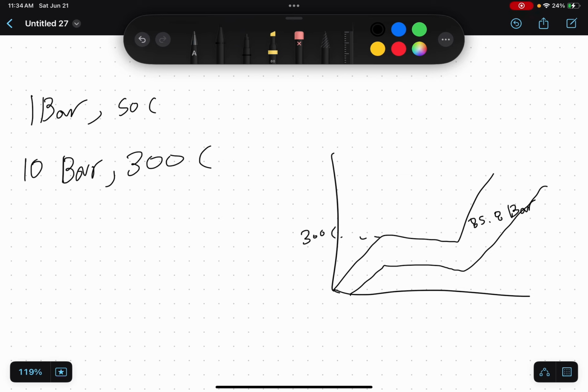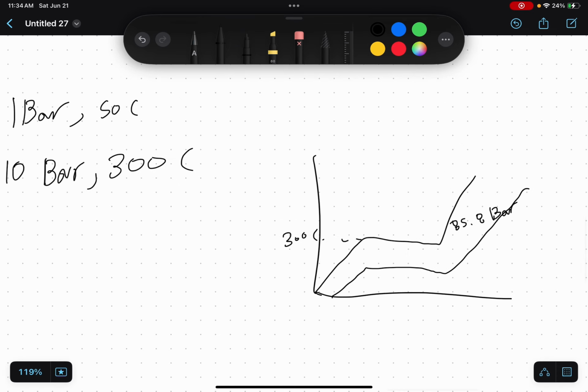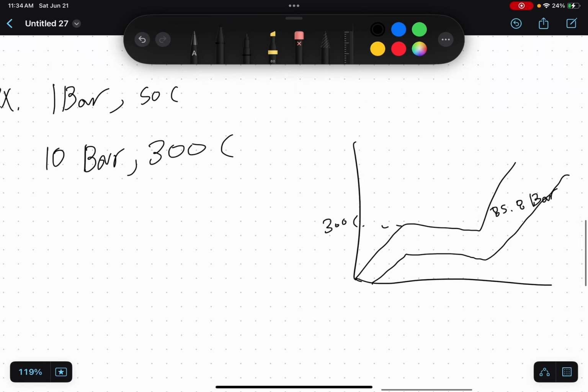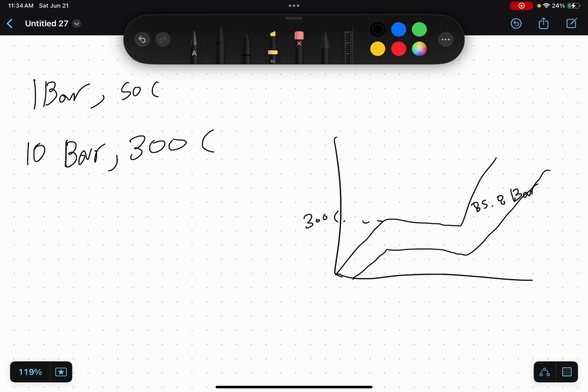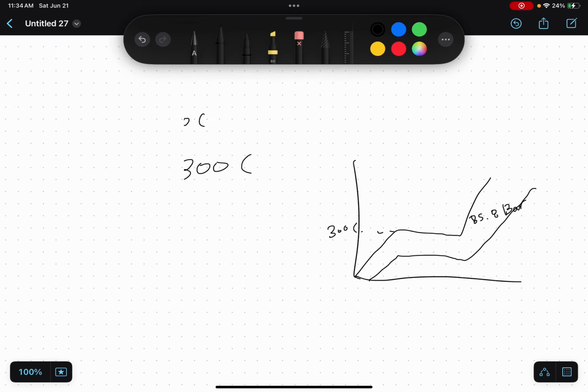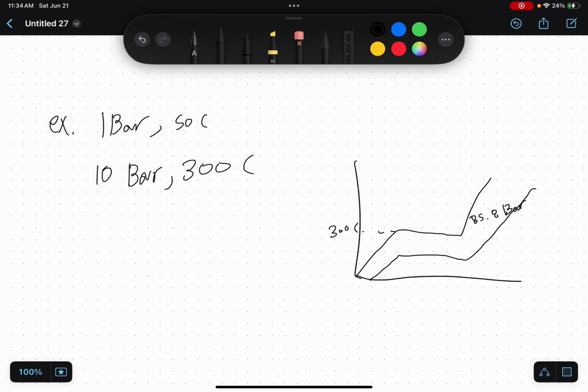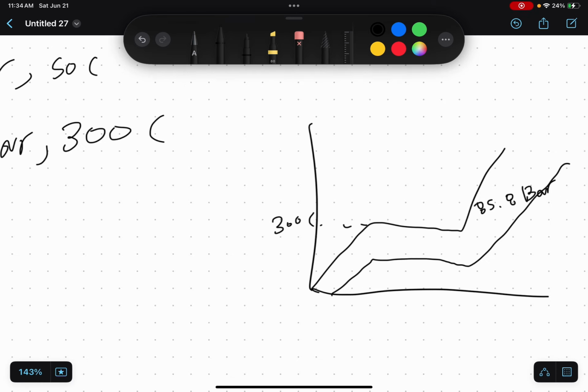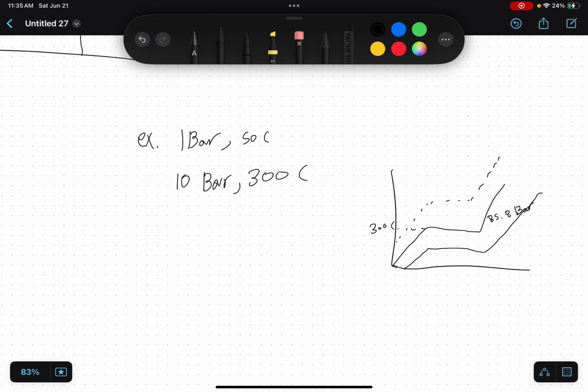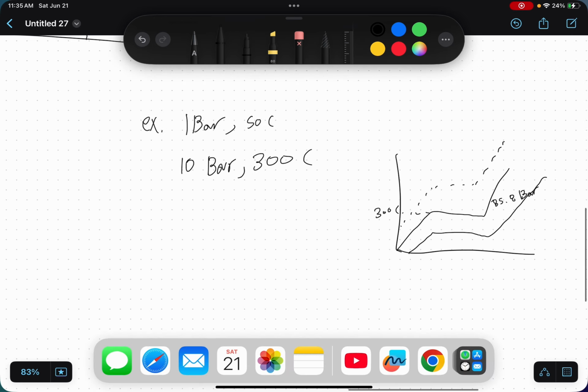I think my brain just did a blank. So yeah, if we're at 300 Celsius, but we're only at 10 bar, I have to think about it for a couple more minutes.